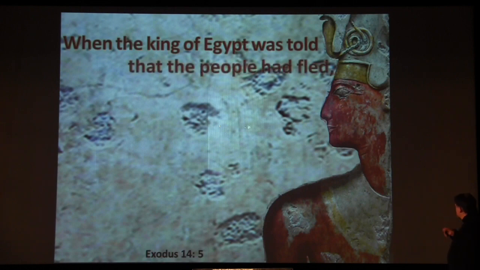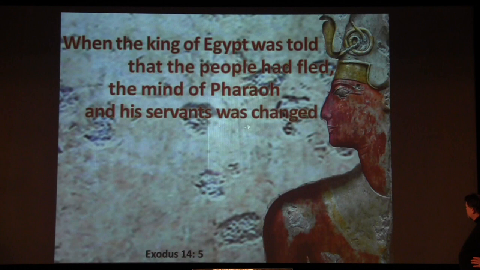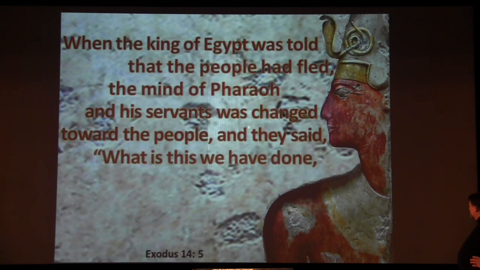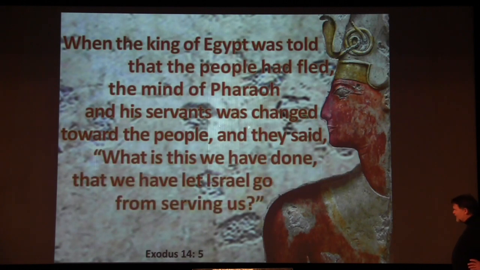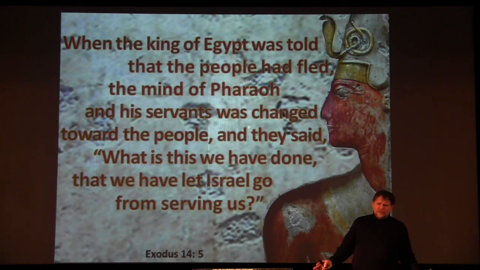And when the king of Egypt was told that the people had fled, the mind of Pharaoh and his servants changed towards the people. And he said, what is this that we have done? We have let Israel go from serving us. Man, that's just a really nice way of saying it, huh? Oh, we have lost our servants.